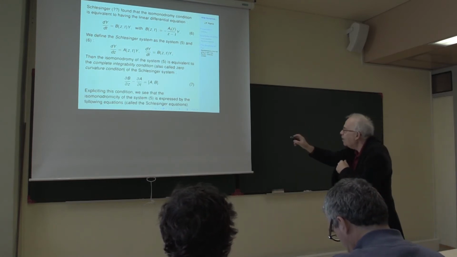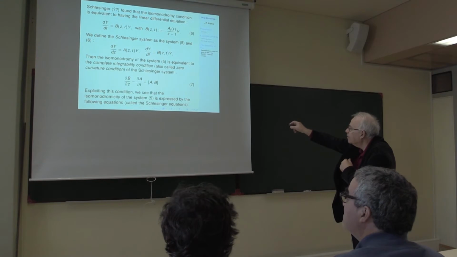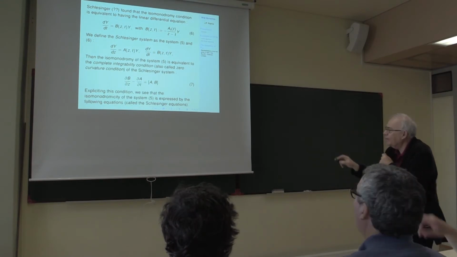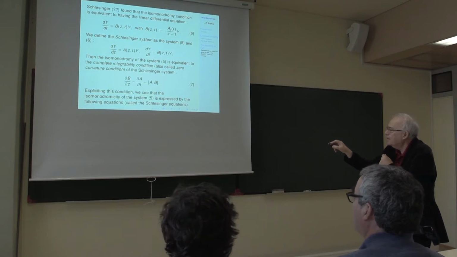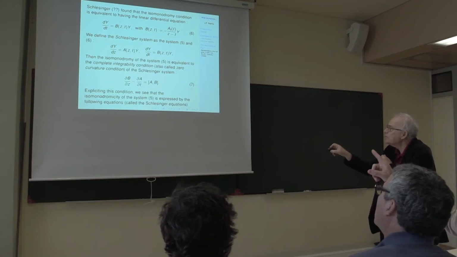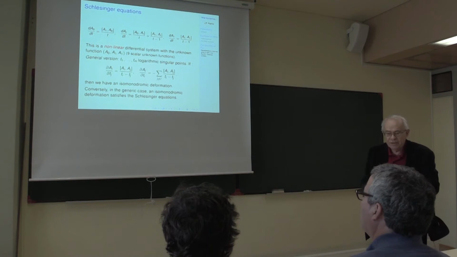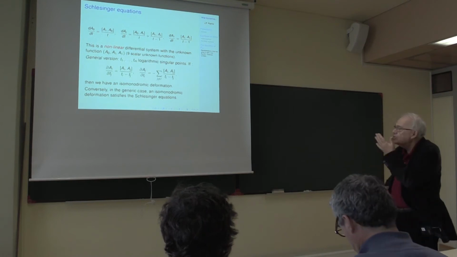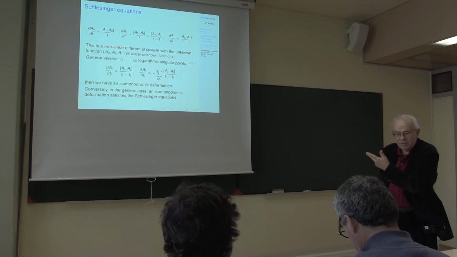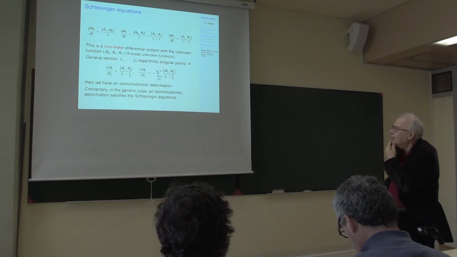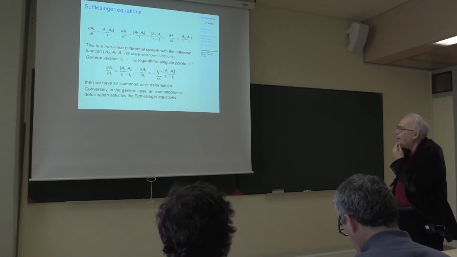That is this formula 7, this one. And you can make this condition explicit, and then you get the Schlesinger equations, which are a nonlinear differential system, and the unknowns are the coefficients of the matrices A0, A1, At, A1. 9 scalar functions.